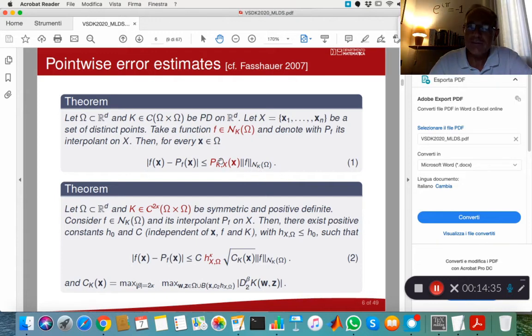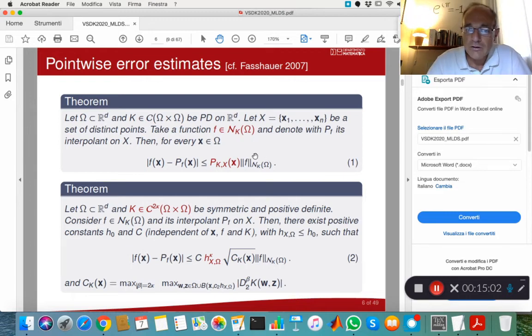So there is the dependence on the points and on the kernel here, and here it depends on the function f. This is the most important thing to understand. And this pointwise error is important for functions in the native space. Obviously, there are errors for functions that are not in the native space, okay, but we are not dealing with this for the moment.